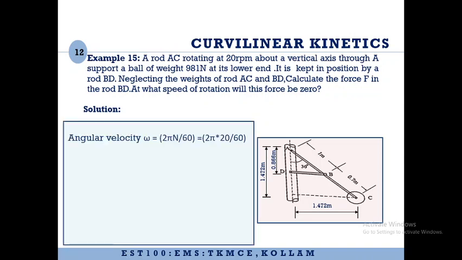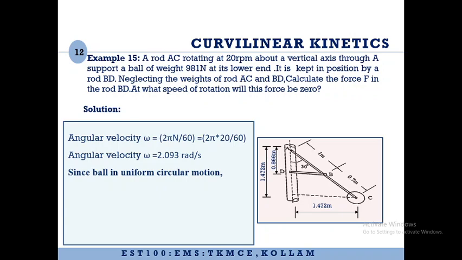Now let us find the angular velocity at which this system is rotating. It is given as 20 rpm. The rpm can be converted into angular velocity by the formula 2 pi n divided by 60. If you convert that, you will get angular velocity as 2.093 radian per second.